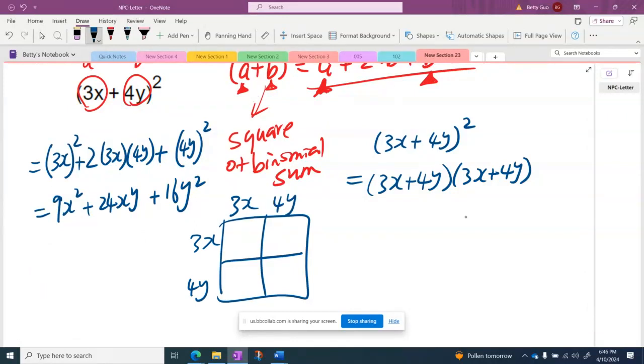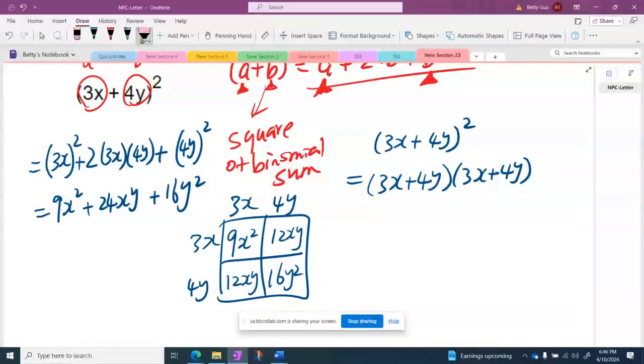Multiply. Row 1, column 1, 3 times 3, 9, x times x, x squared. Row 1, column 2, 3 times 4, 12, xy. Row 2, column 1, 4 times 3, 12, x times y. Row 2, column 2, 4 times 4, 16, y times y, y squared.